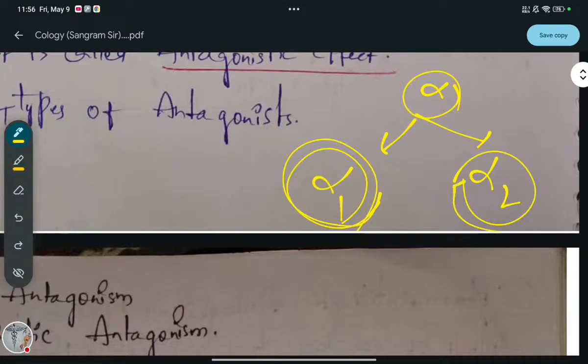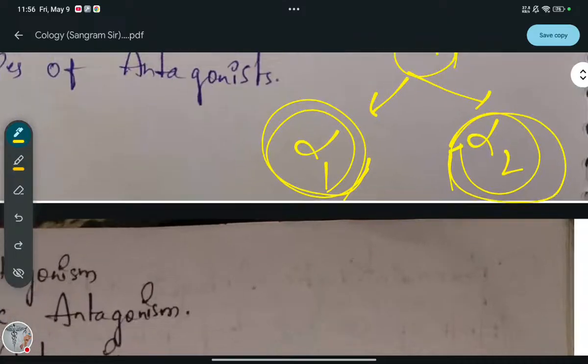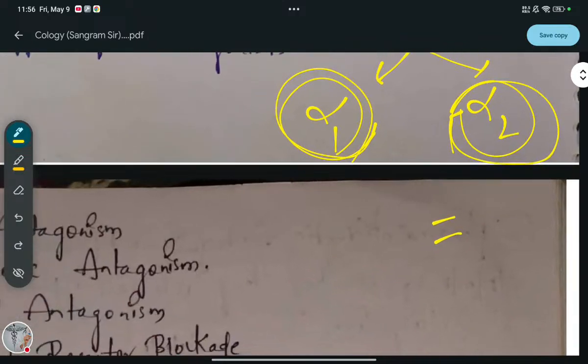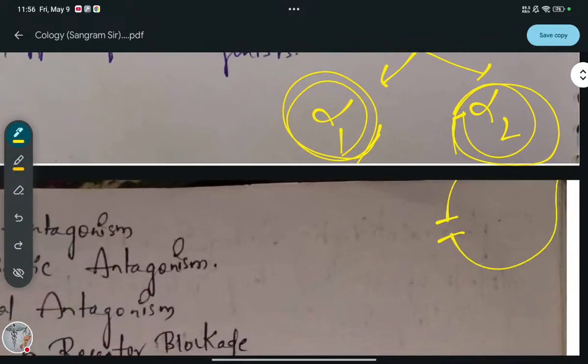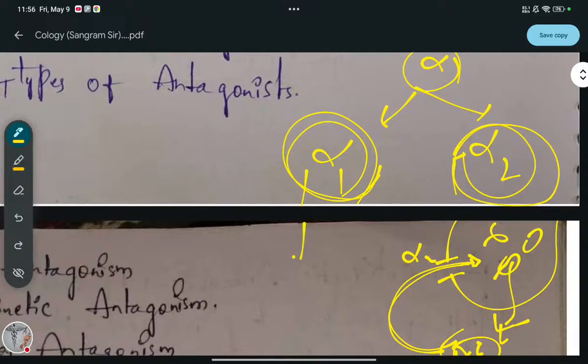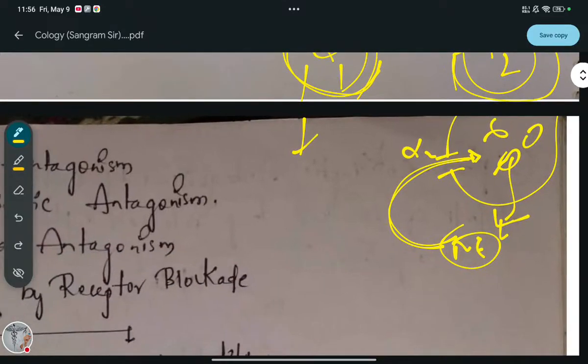Whereas alpha 2 receptor increases the neurotransmitter reuptake mechanism. So when a neurotransmitter, for example noradrenaline or norepinephrine, is released from the vesicles here, the automatic reuptake mechanism will activate. This receptor is the alpha 2 receptor, but alpha 1 causes contraction of smooth muscle.